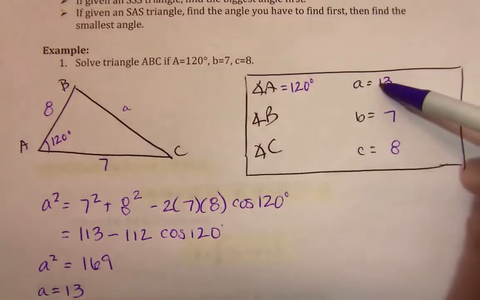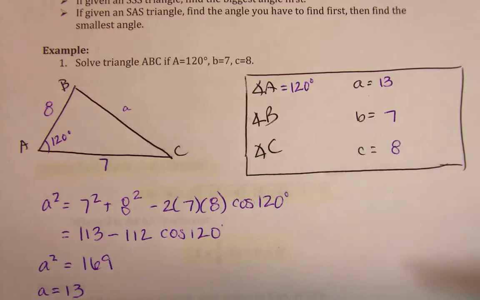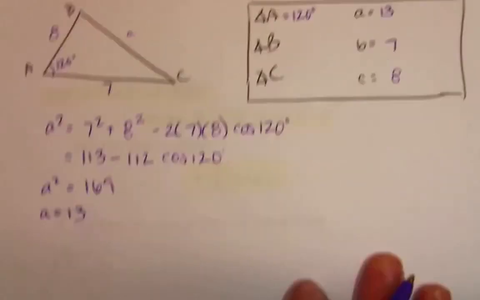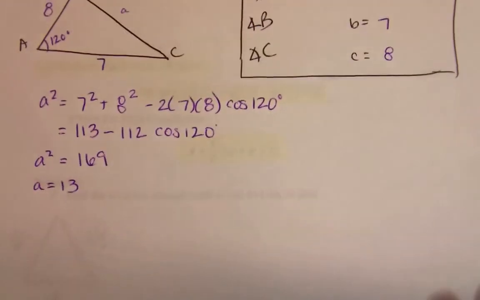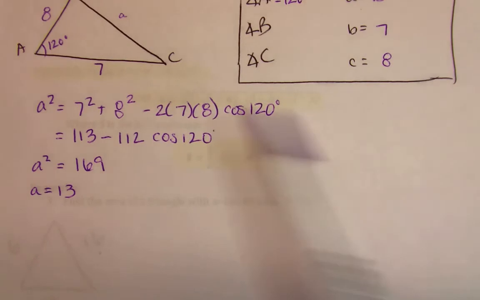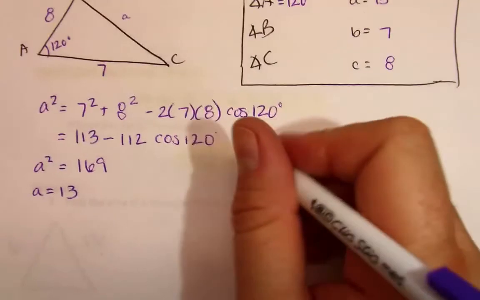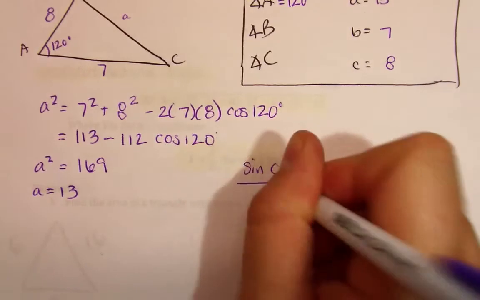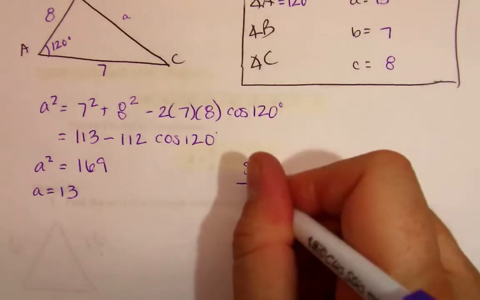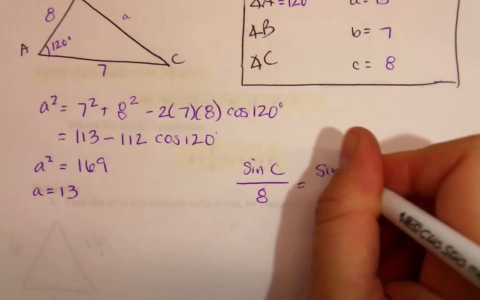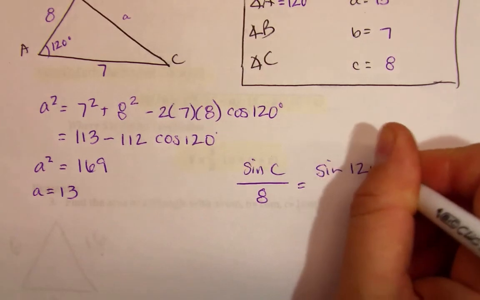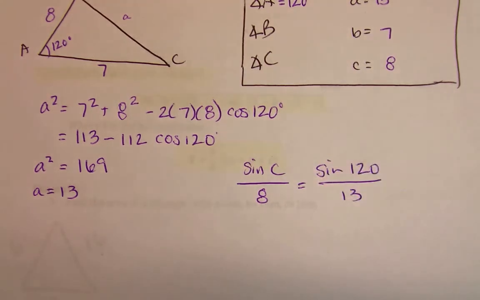Well, now I have a matching pair, so I can solve for my missing angles here using the law of sines. Since I have a side and angle on the side, I want to solve for angle C. So sine of C over side C, which is 8, equals sine of 120 over 13.